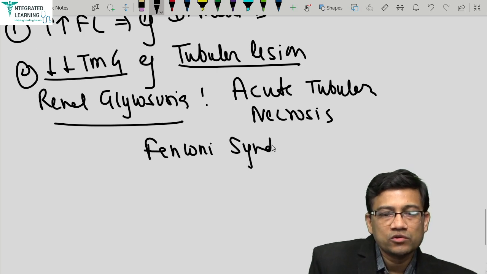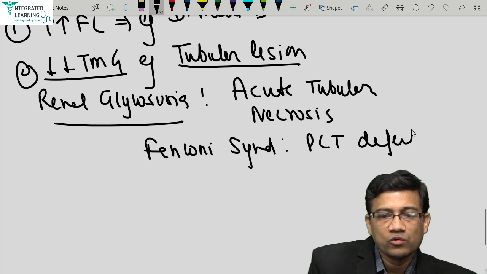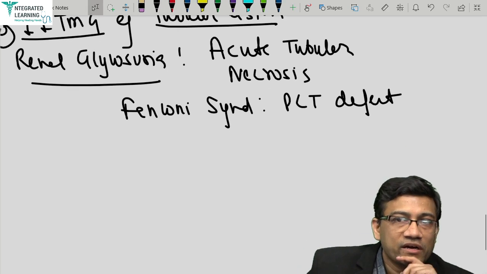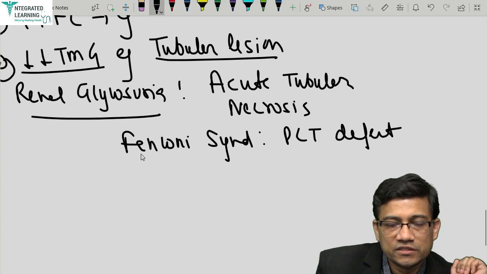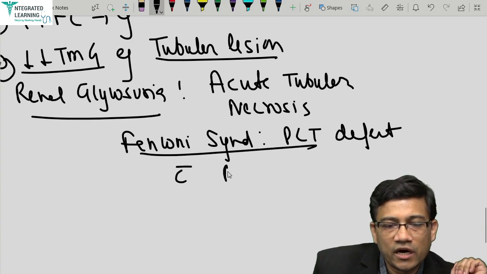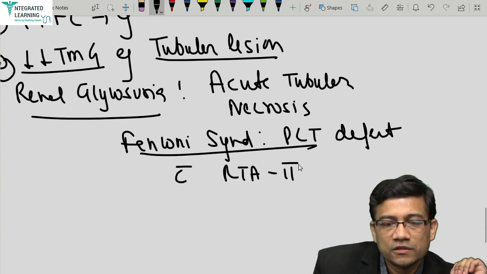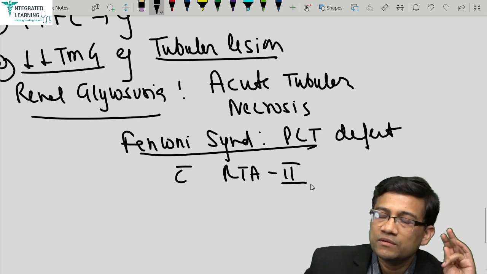Fanconi syndrome is a disorder of the PCT, that's why glucose is lost, and it is associated with RTA type 2, that is proximal damage. So this is the PCT lesion.